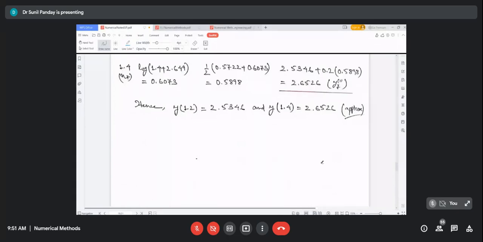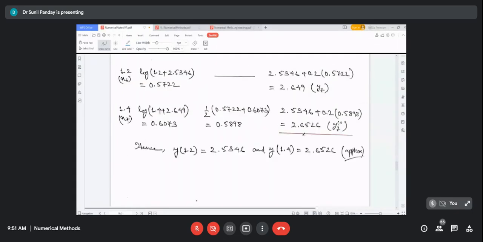And finally we have these values, and again we have updated this value to the first decimal place.